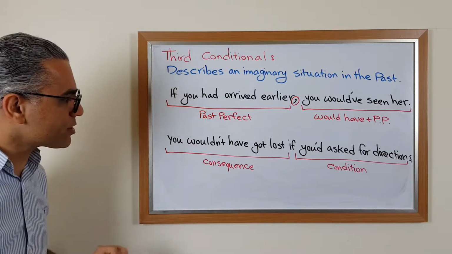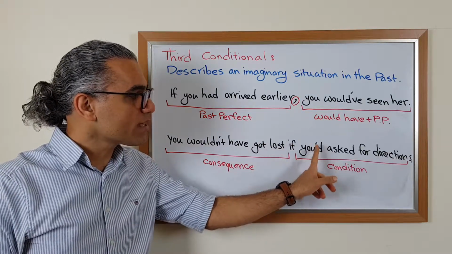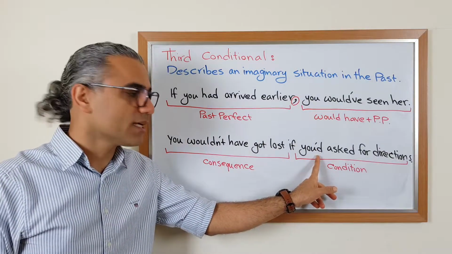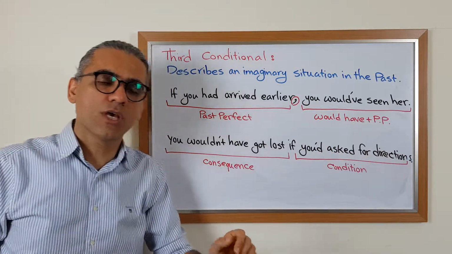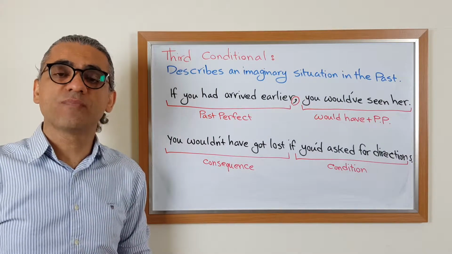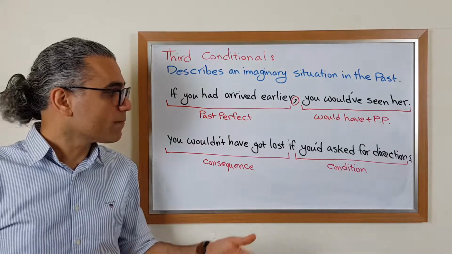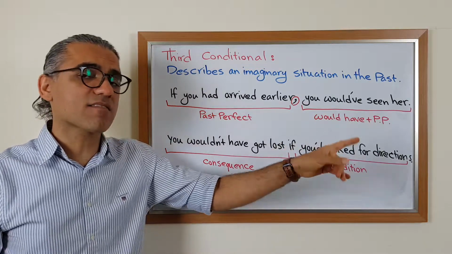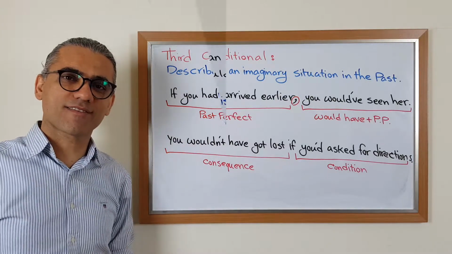Both of them are accepted. You wouldn't have got lost if you'd, this is the contracted form for had, if you'd or you had asked for directions. It means that person got lost because that person didn't ask for directions. That is why we are assuming if he had asked for directions, he wouldn't have got lost.